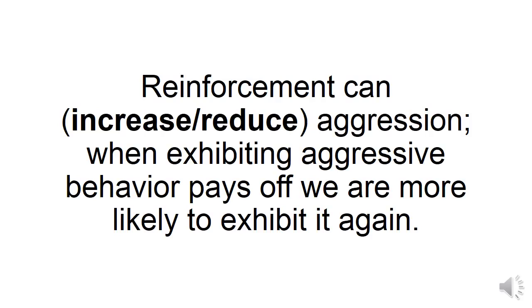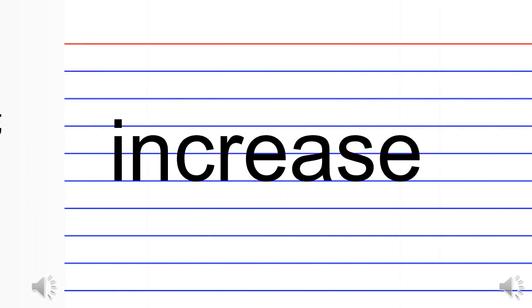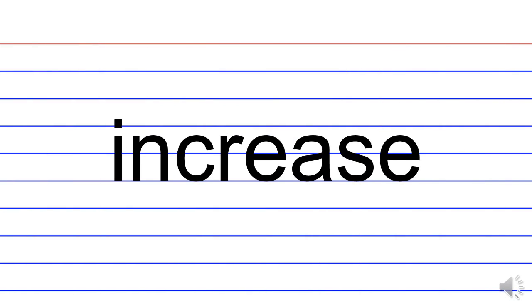Reinforcement can increase or reduce aggression. When exhibiting aggressive behavior pays off, we are more likely to exhibit it again. So what will reinforcement do to aggression? You might have guessed it, it will increase that behavior.